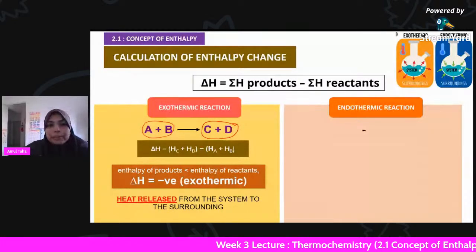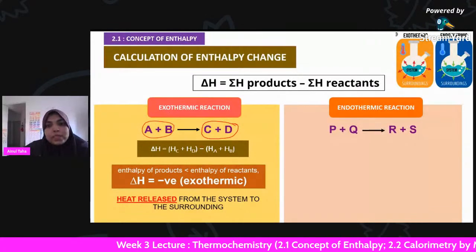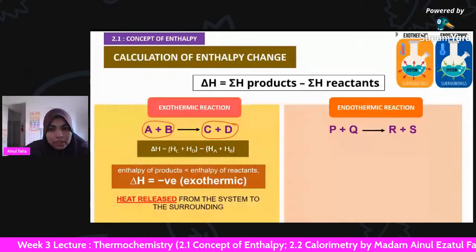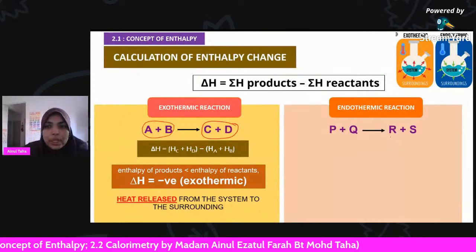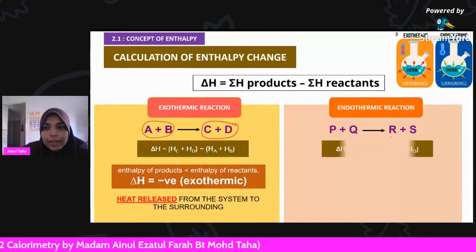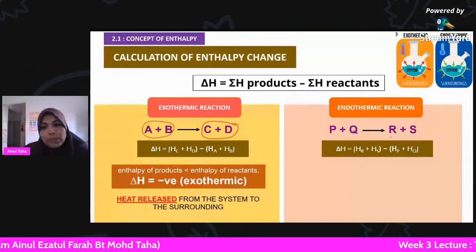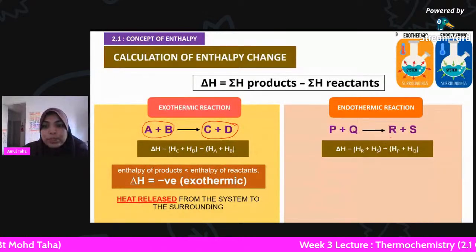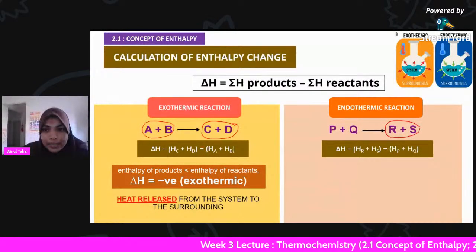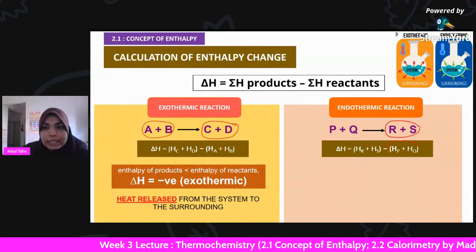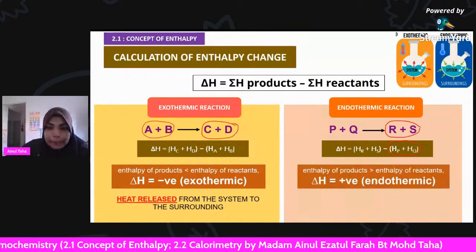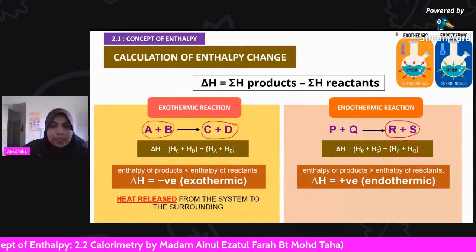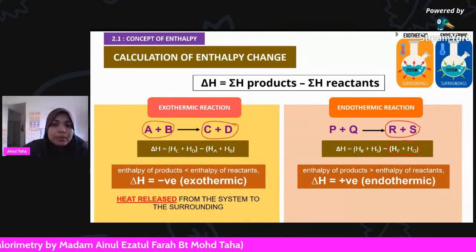For the second part, endothermic reactions, let's say we have P reacts with Q to produce R and S. To calculate, the sum of R and S is deducted by the sum of P and Q. Therefore, the enthalpy of the product is greater than the enthalpy of the reactant, so the delta H will become positive.